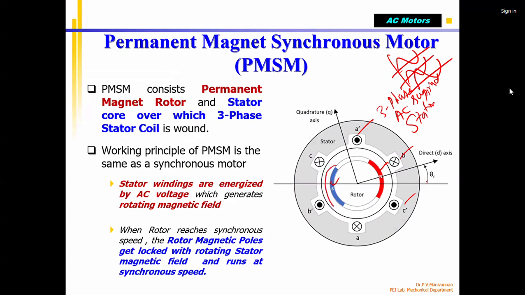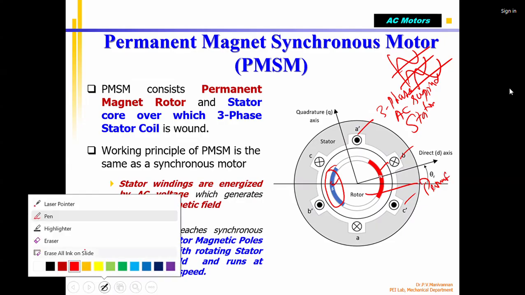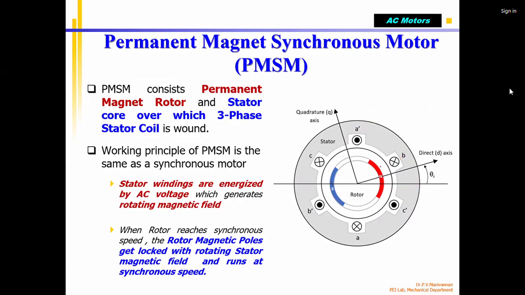Rotor has a north and south pole. This is a permanent magnet. The stator coil produces an electromagnetic rotating magnetic field. That will attract this magnet, because you can think of this as a magnet with north and south pole. This will get locked. We know that this produces rotating magnetic flux.